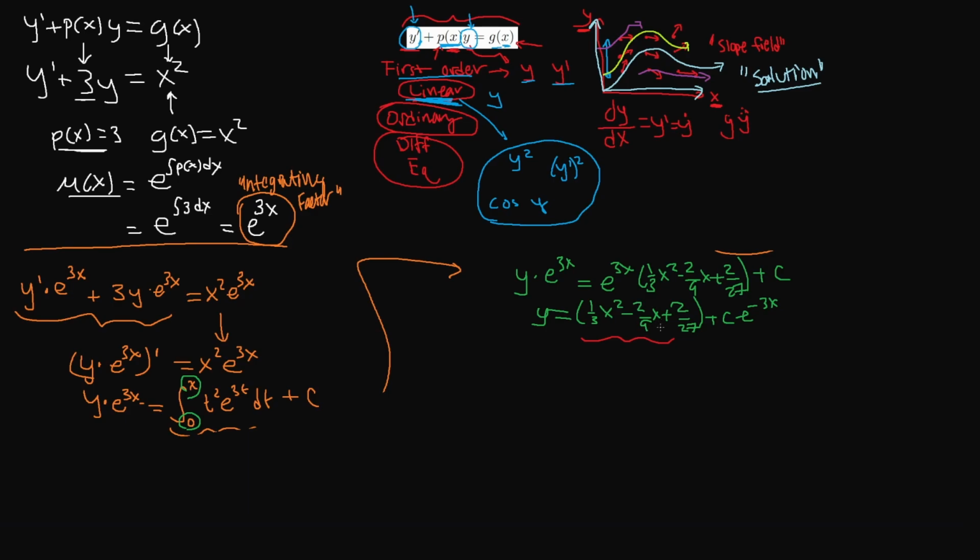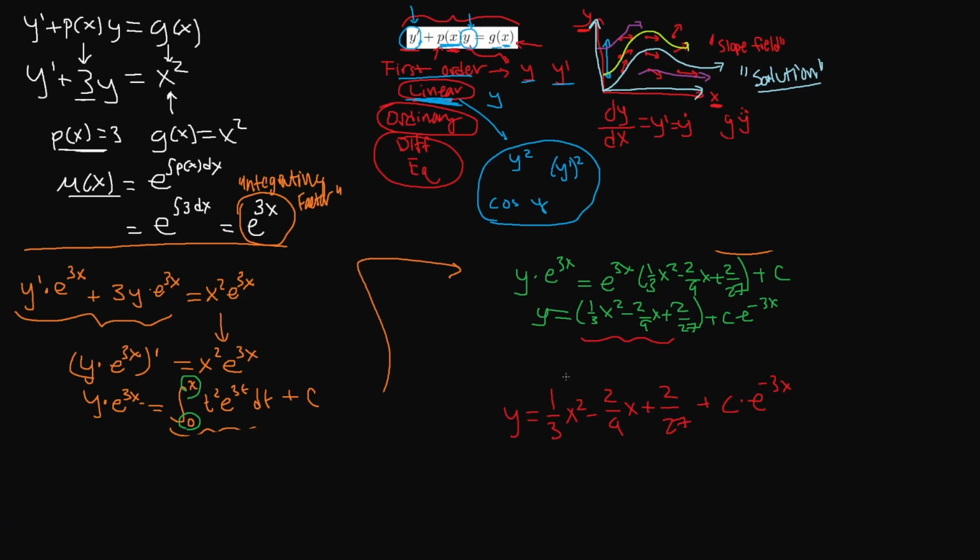Are there any shortcuts we could do? Nah, we don't need to. We don't need to get distracted by all that. So we could say y equals 1/3 x squared minus 2/9 x plus 2/27, and then plus c times e to the negative 3x.